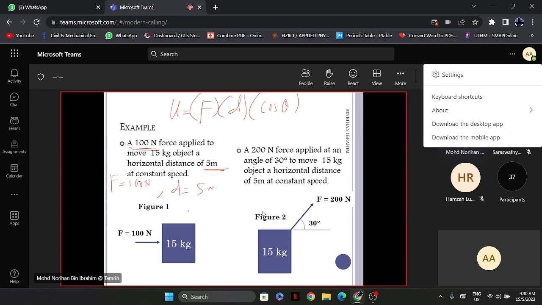What is the work done? So makna dia, based on these equations, the basic equation of above, U is equal to F, dia adalah 100 Newton. D dia adalah 5 meter.